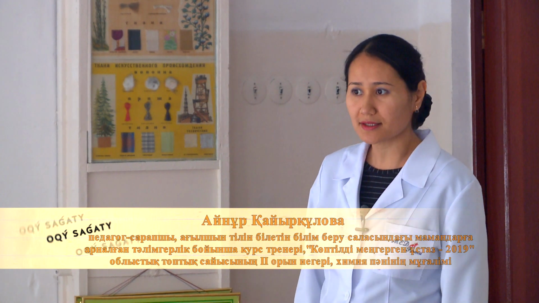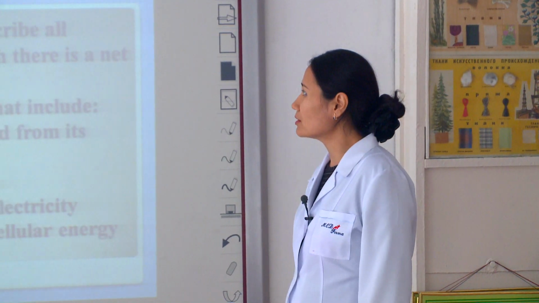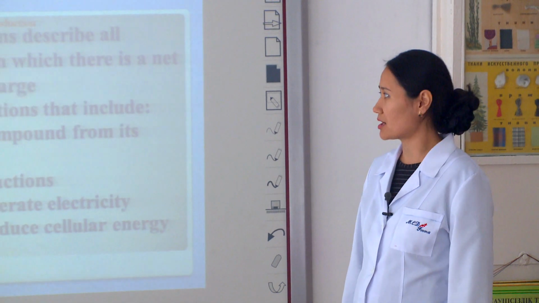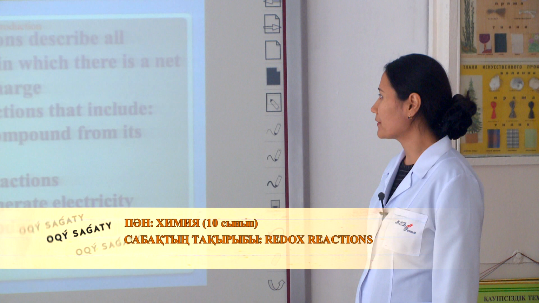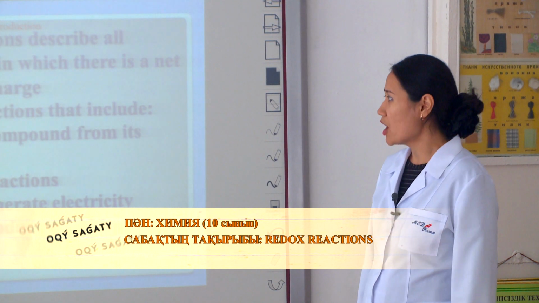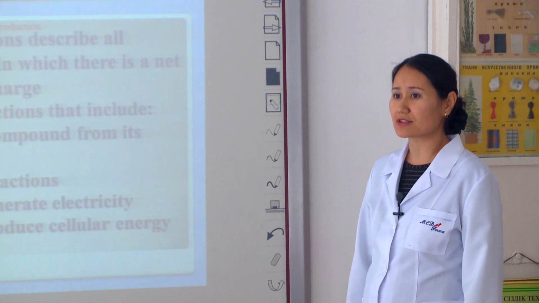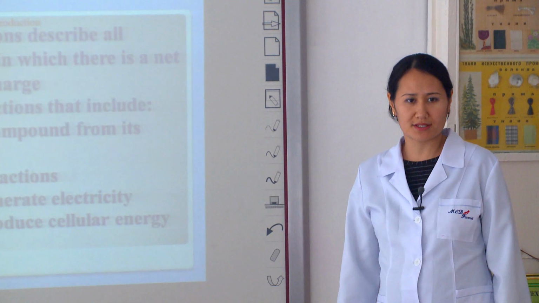Redox reactions describe all chemical reactions in which there is a net change in atomic charge. It's a class of reactions that include formation of a compound from its elements, all combustion reactions, reactions that generate electricity, and reactions that produce cellular energy.